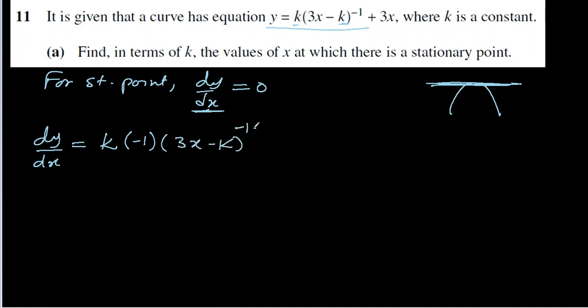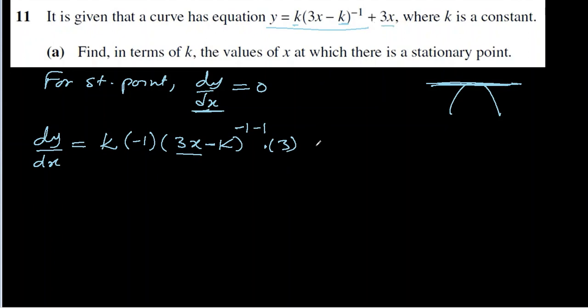Minus 1 was already there, it goes down by 1 more, right? And then since it's a function in itself inside the bracket, we differentiate what is inside and multiply with that differentiation. What is differentiation of 3x? 3. What is differentiation of k? It's a constant. So differentiation of k is 0. So no need to write it. Just the whole thing, differentiation is 3.